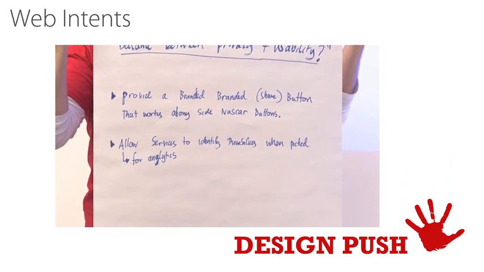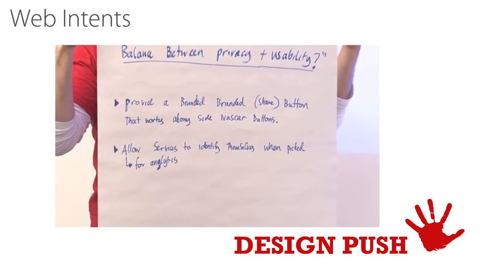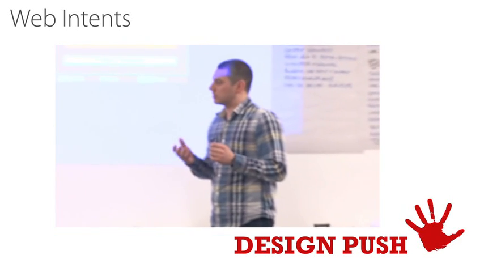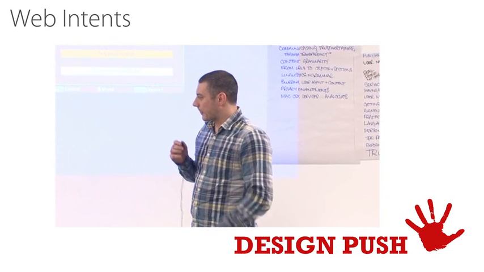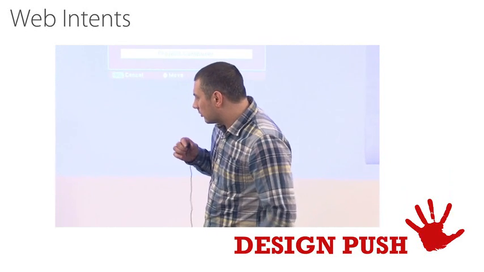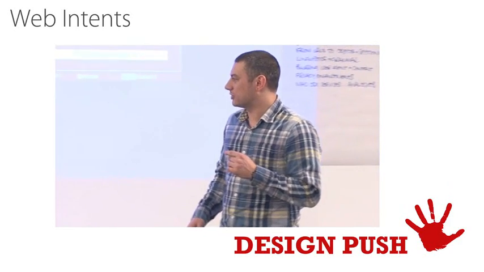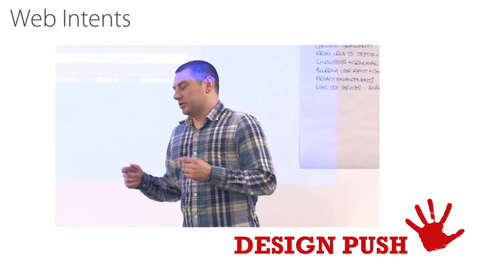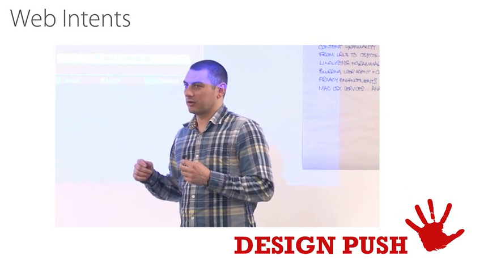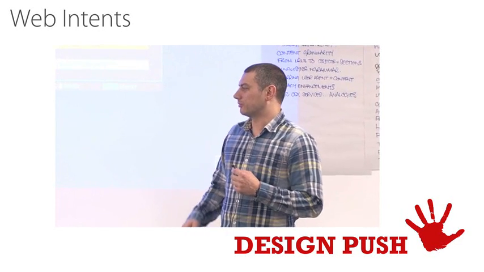Provide a branded share button that works alongside the NASCAR button, so you still keep that social proof, and you piggyback on the technology that people are already using, and then gradually switch people's behaviour. Allow services to identify themselves when picked. So once a user selects a service, it's fairly legitimate to then ping the site back to say that service has been used, and we were quite happy with that.